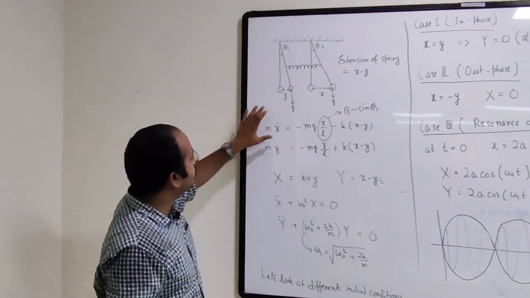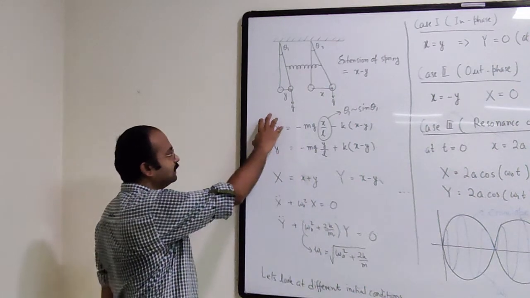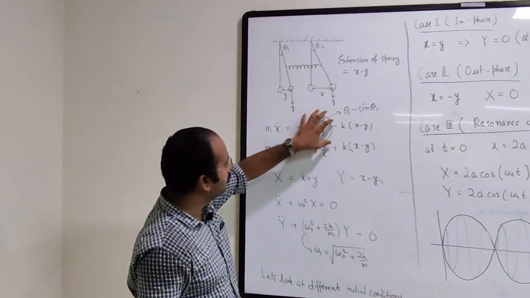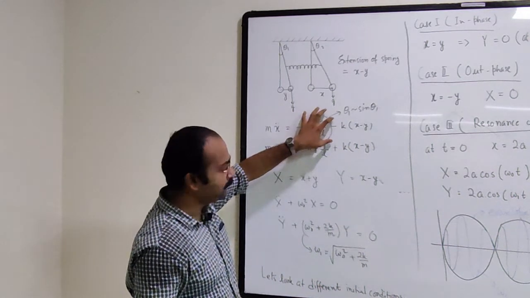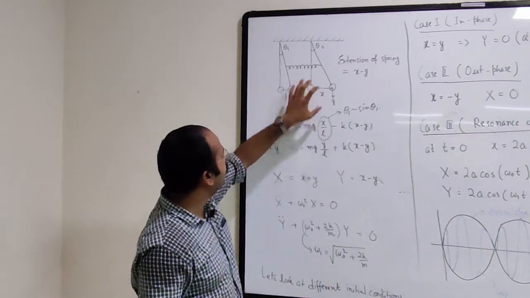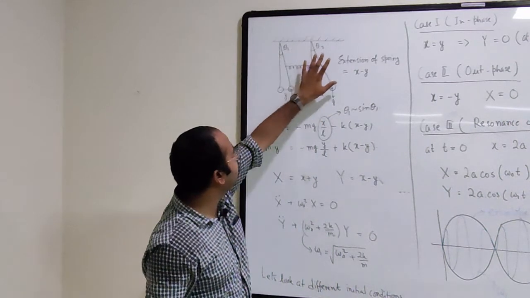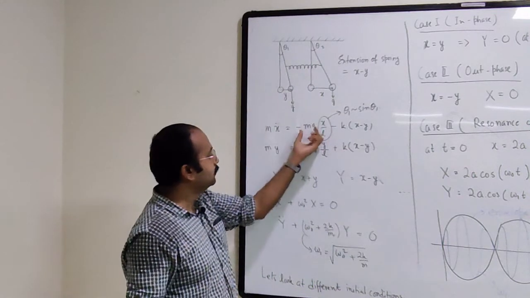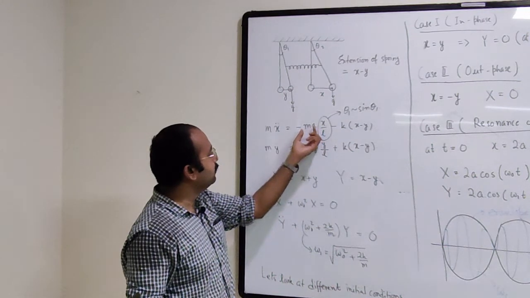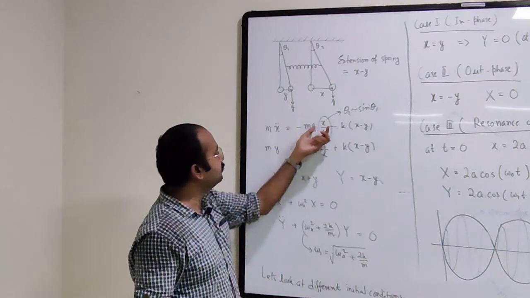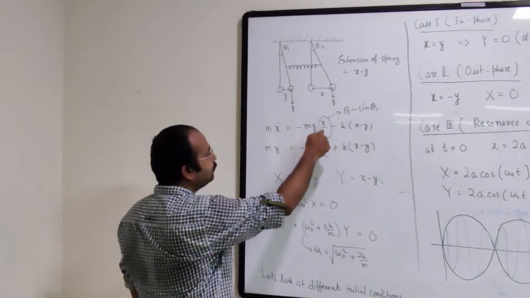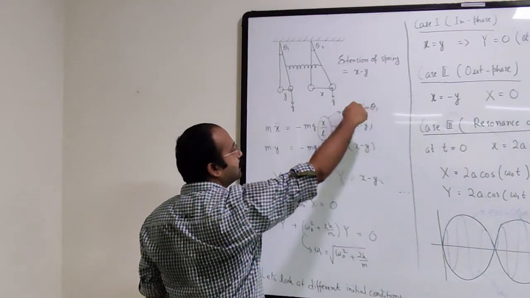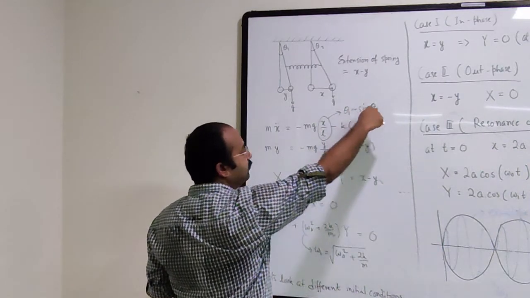So the equations of motion are pretty standard. This is the acceleration term. This mgx by L is the term coming from gravity. So this is the usual oscillation that you know without any spring. If you do not have the spring and you just have this pendulum oscillating, then the equation of motion would be m x double dot equal to minus mg x by L. This x by L is essentially the angle theta 1, which is the small angle approximation of sine theta 1.